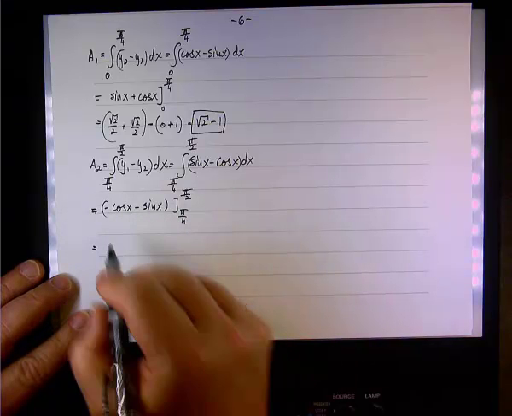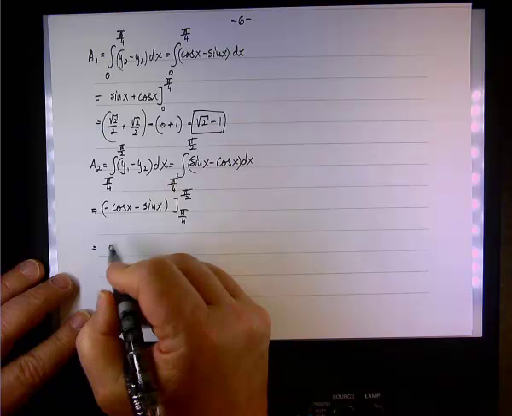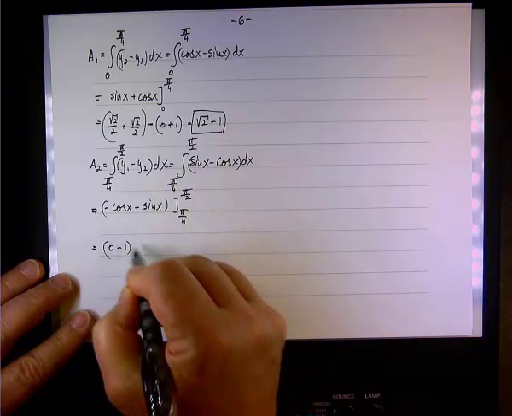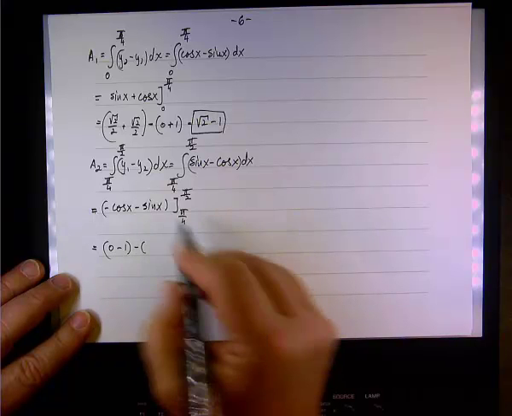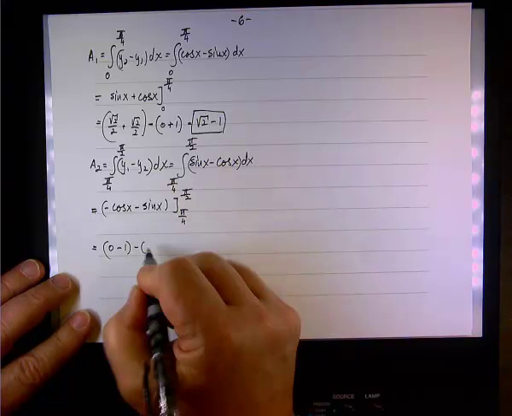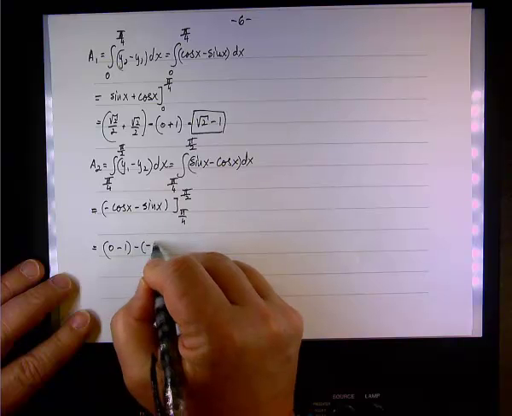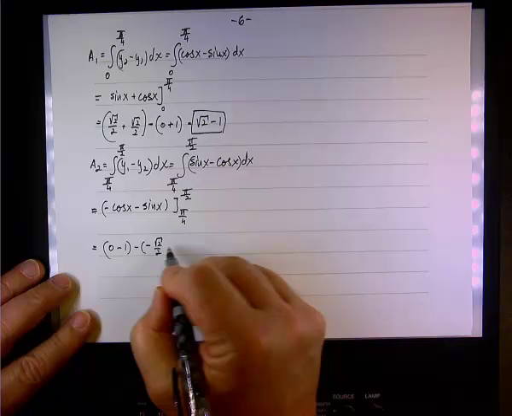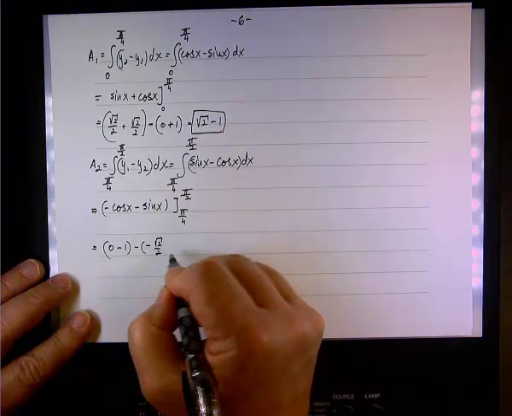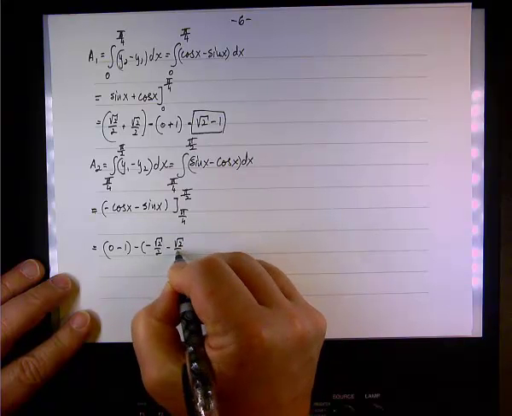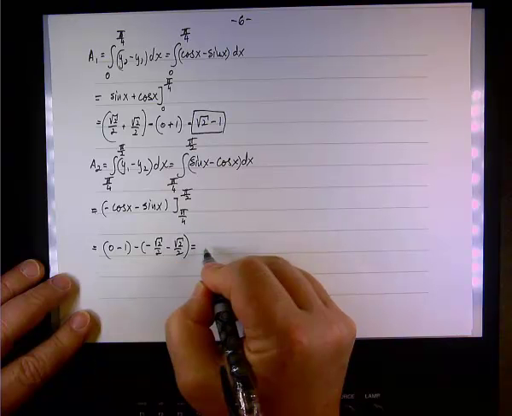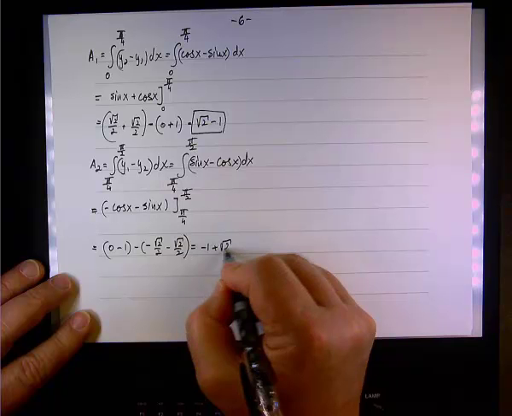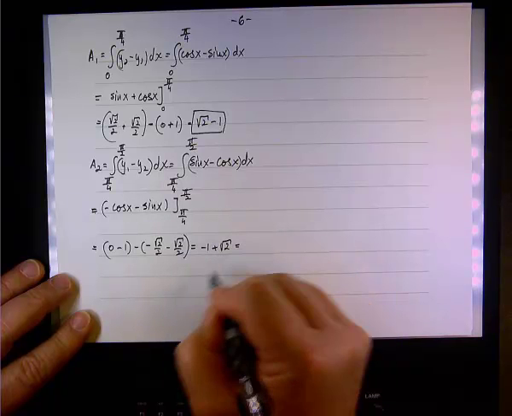Cosine of pi over 2 is 0. Sine of pi over 2 is 1, so we have 0 minus 1. Minus, at pi over 4, cosine of pi over 4 is square root of 2 over 2, so we have minus square root of 2 over 2, and the sine is 1. So we have negative 1, and we have plus square root of 2. So indeed, we have symmetry.